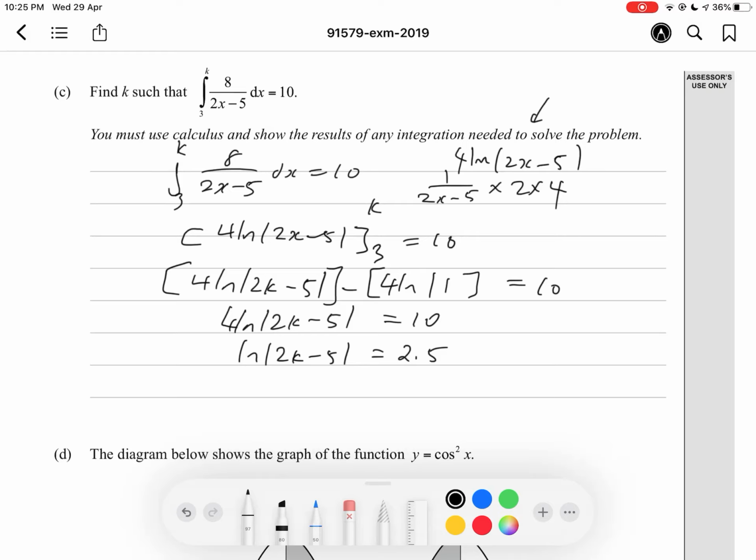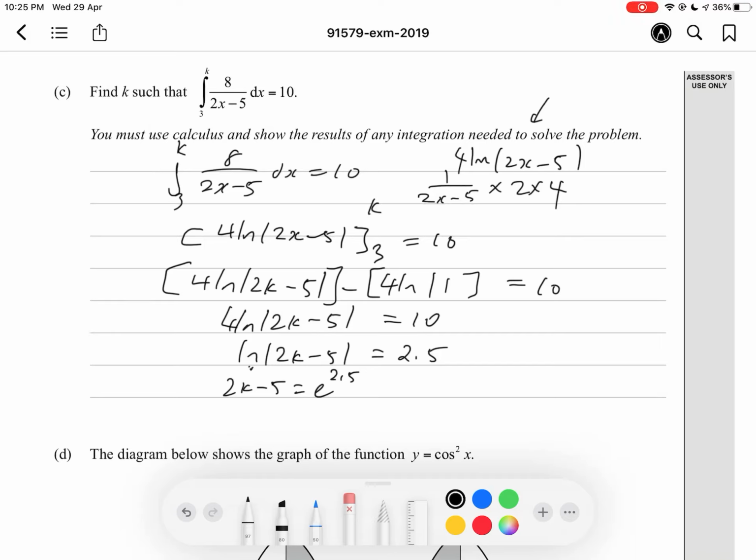If we quote unquote move the ln to the other side, we have 2k minus 5 equals e to the power of 2.5, because ln is base e, remember. So if we know our log rule, e to the power of 2.5 equals 2k minus 5.